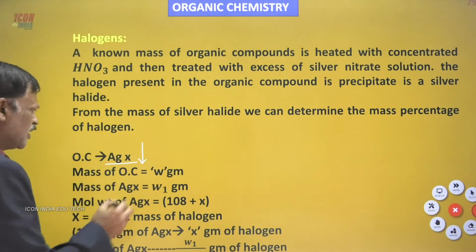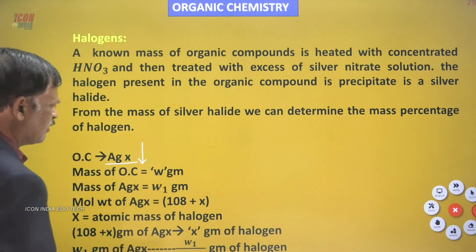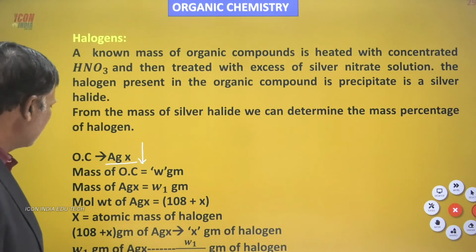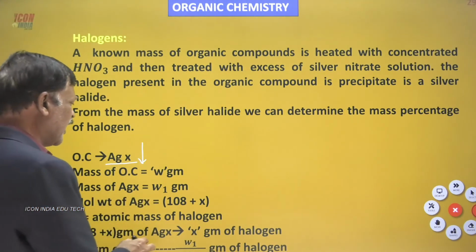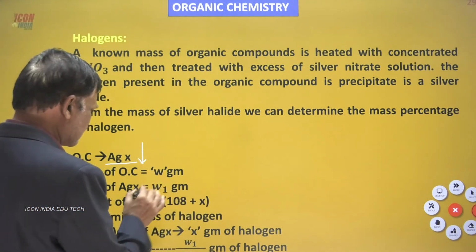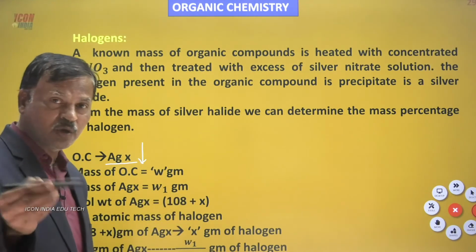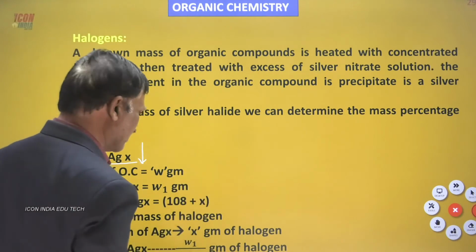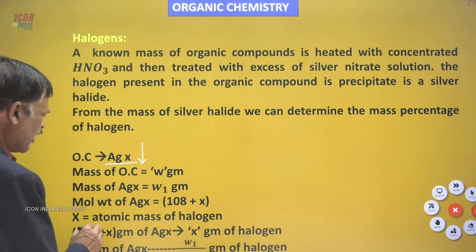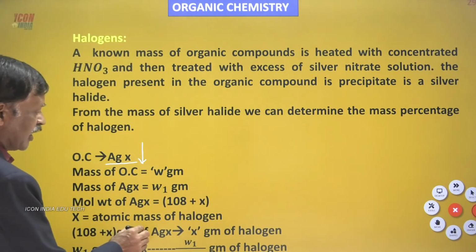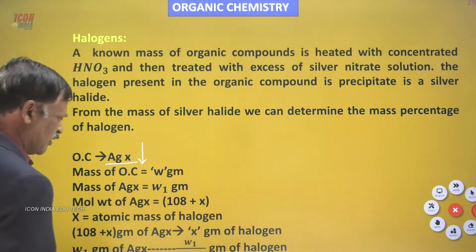See, mass of organic compound W grams, mass of silver halide W1 grams, molecular weight of silver halide 108 plus X, silver atomic mass 108. X we do not know whether chlorine, bromine or iodine, that's why we assumed X. You know 108 plus X grams of silver halide contains X grams of halogen.